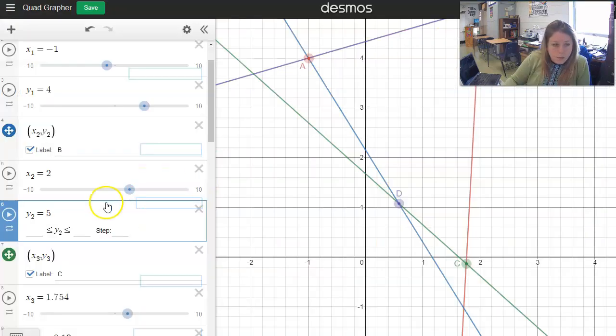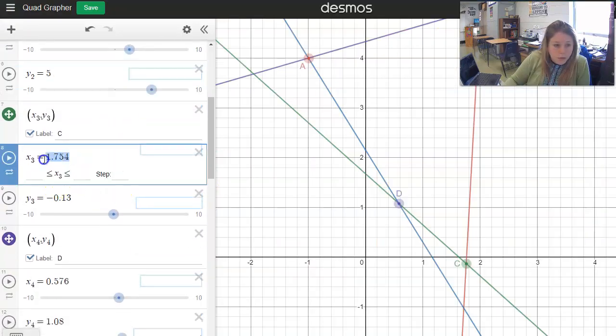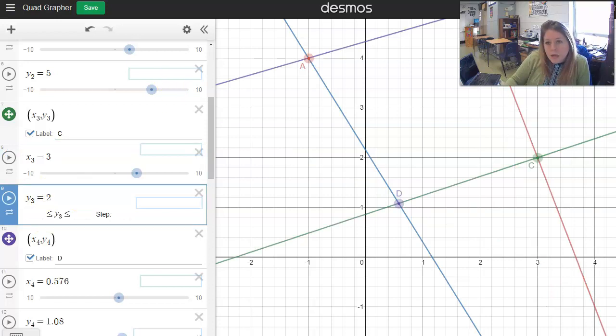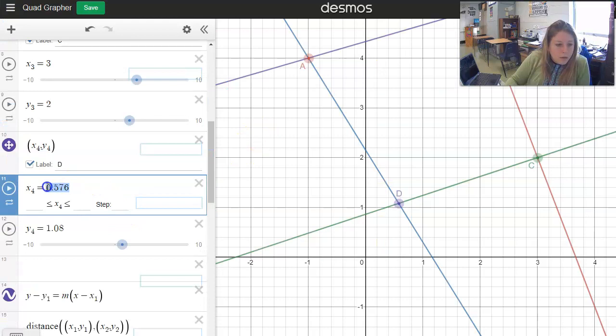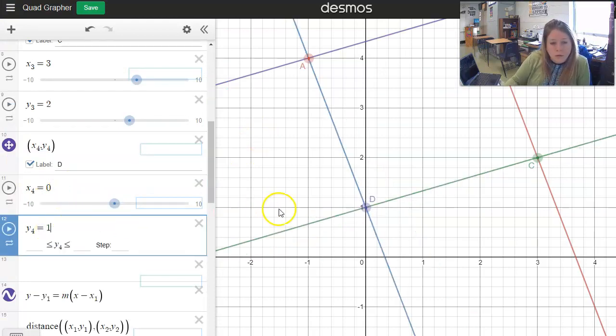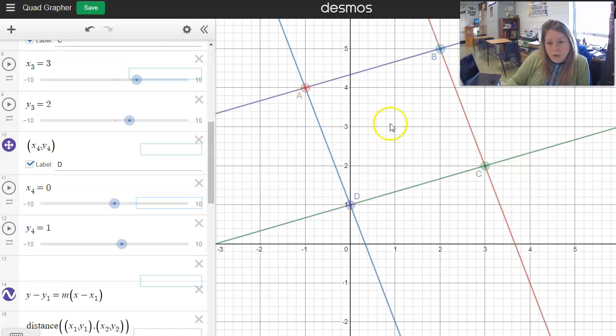C is 3, 2. And D is 0, 1. Okay, so you can see the quad there.